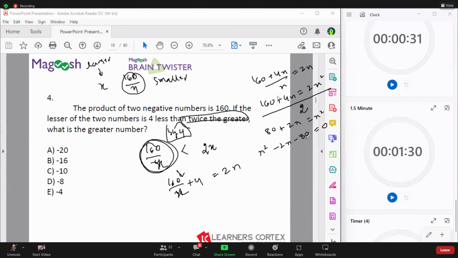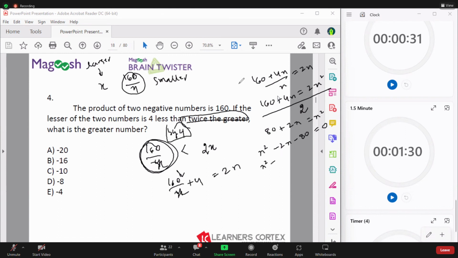The factors of 80 are such that the product is minus 80 and the sum is minus 2: minus 10x plus 8x.